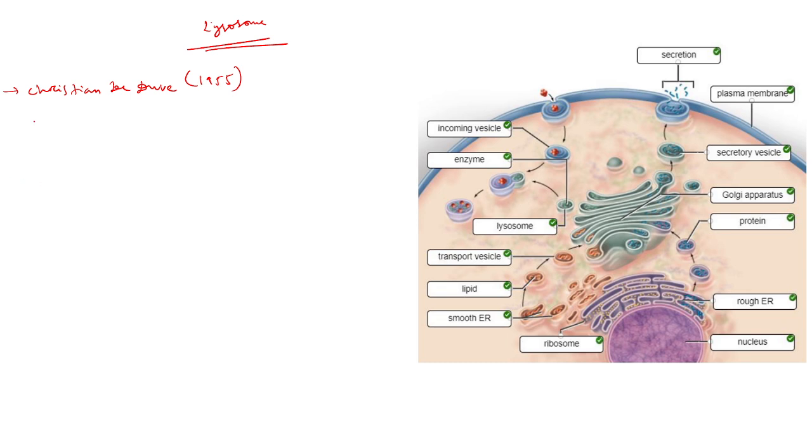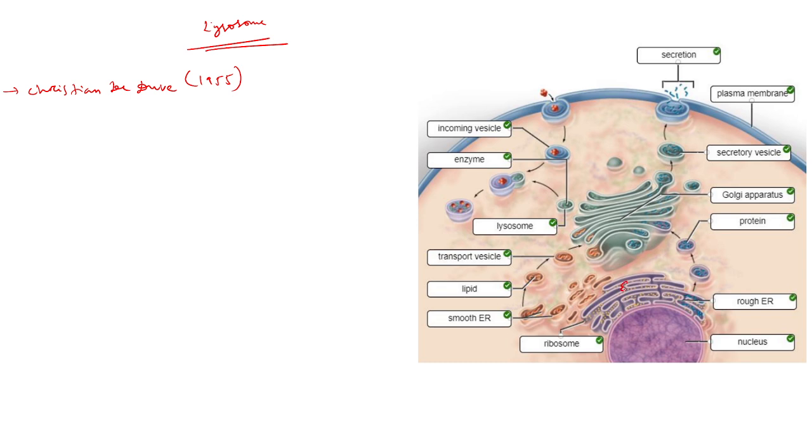Of course, it is a single membrane bound organelle. That means it is bound by a single layer, and it is formed by the process of packaging in the Golgi apparatus. For example, look at the structure.